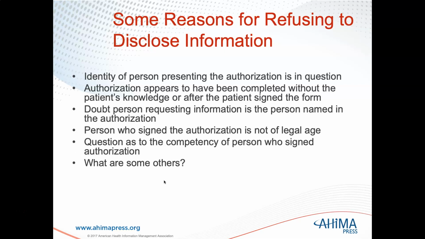If it was completed without the patient's knowledge or after the patient had signed the form, if you doubt the person requesting the information is really the person that's named in the authorization, if the person who signed the authorization is not of legal age, if you're questioning the competency of the person who signed the authorization, maybe you know they have dementia, and yet you're seeing this going on.